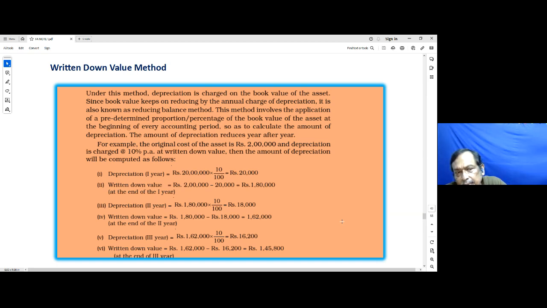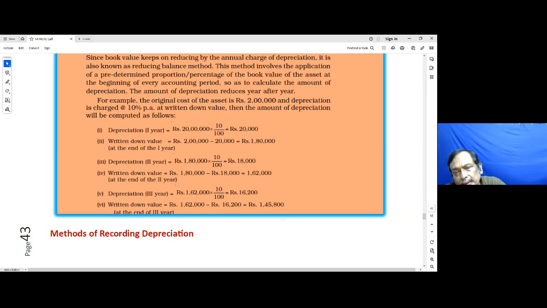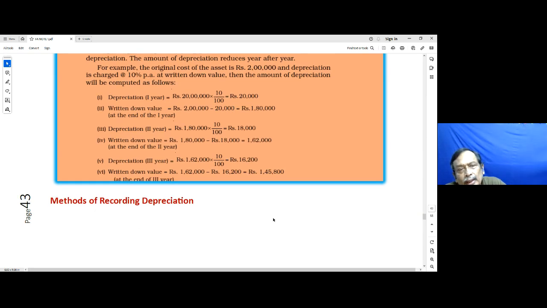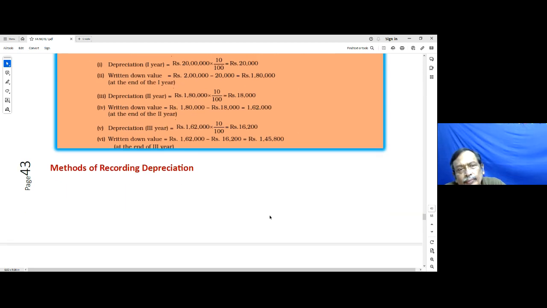For example, the original cost of the asset is rupees 2 lakhs and depreciation is charged at the rate of 10% per annum by the reducing balance method, another name for written down value. Then the depreciation will be computed as follows. Depreciation, first year: 2 lakhs into 10 by 100, it comes to 20,000. So the written down value at the end of the year is 2 lakhs minus 20,000, that is 1,80,000. Depreciation, second year: rupees 1,80,000 into 10%, that is 18,000.